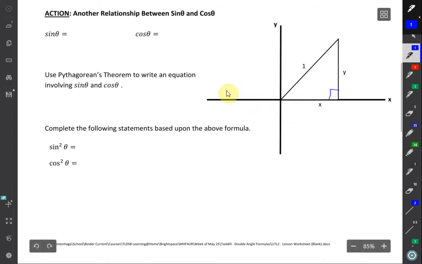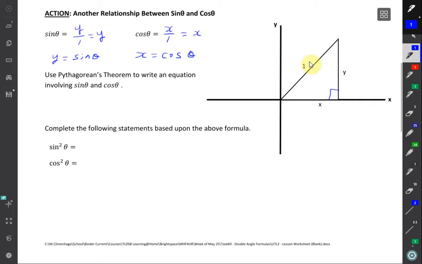So in the first case, sine theta is equal to the opposite over the hypotenuse, which is y over 1, which simply equals y. In the second case, we have cos theta, which is the adjacent over the hypotenuse. That gives us x over 1, which equals x. Summarizing, we have y equals sine theta and x equals cos theta.